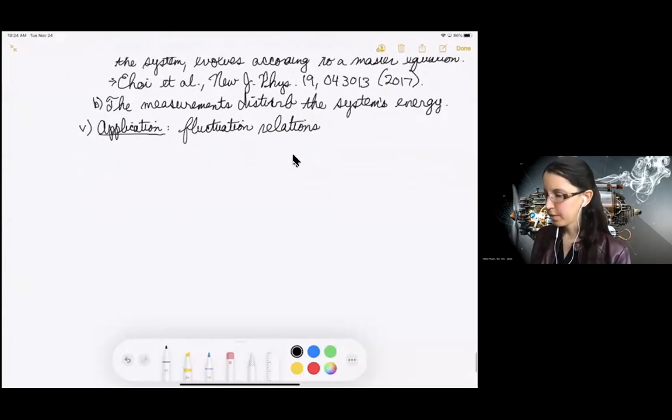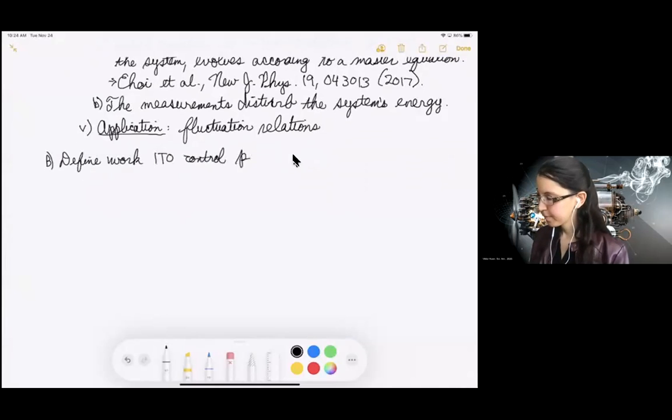We could also define work in terms of control parameters, and heat in terms of the quantum state.